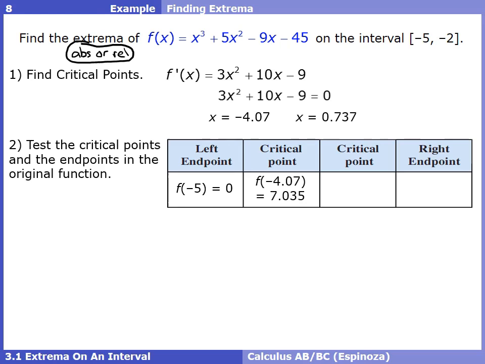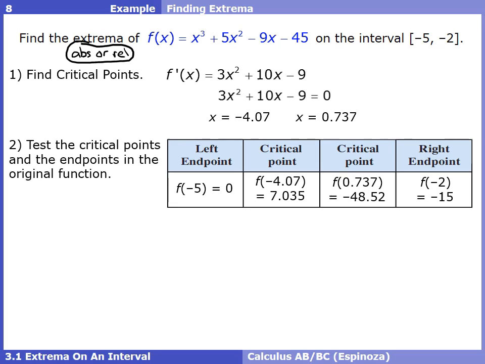When we plug in the critical point of -4.07, we'll get a y value of 7.035. When you plug in the other critical point of 0.737, you'll get a y value of -48.52. And when you plug in the right endpoint of -2, you'll get -15.